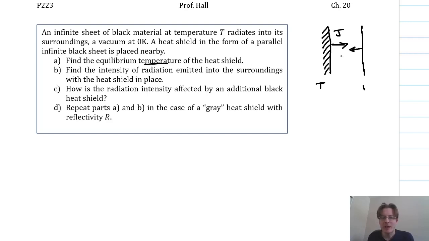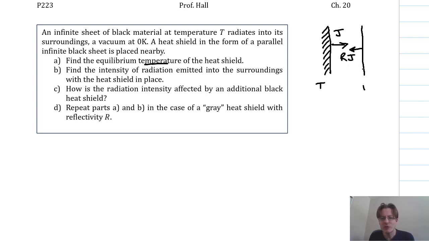It reflects a fraction R times J. The sheet absorbs the rest. It absorbs the fraction 1 minus R, so the absorptivity factor is 1 minus R, and so the emissivity factor is also 1 minus R.